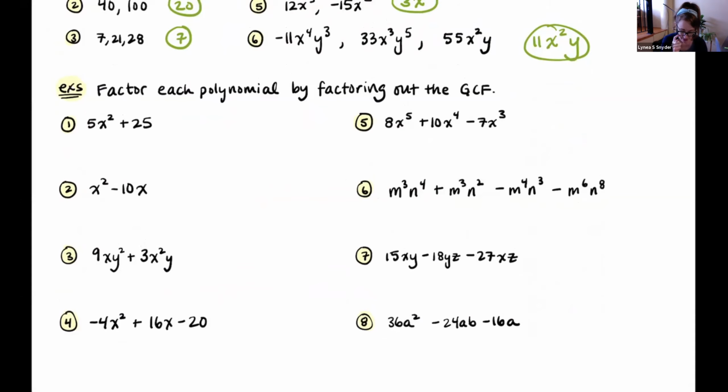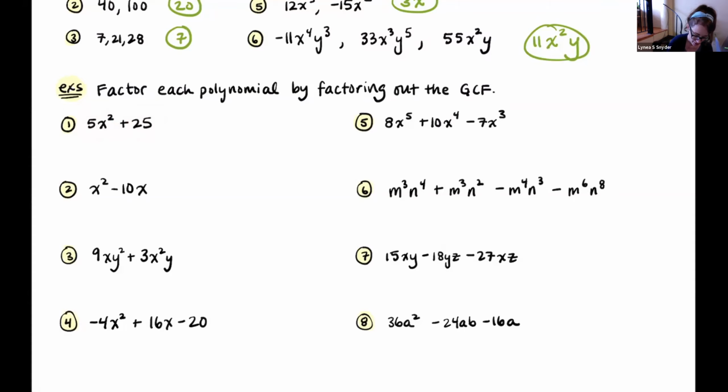The way to do this is to look at all of the terms in your polynomial and think of them as being in a list, like in the examples we just looked at, and find the greatest common factor of those things. So for example, in number 1, we've got 5x squared and 25. You want to think of what is the greatest common factor of those two things. So use the same method as before.